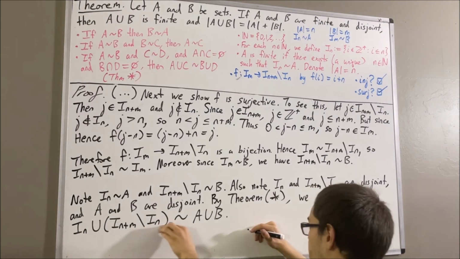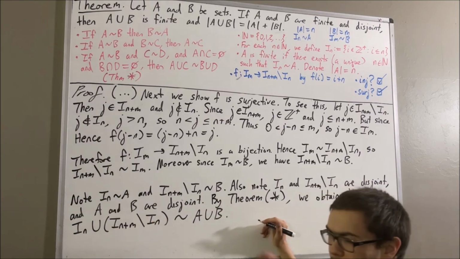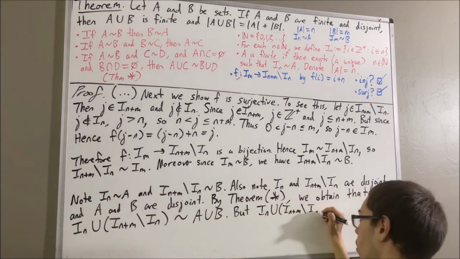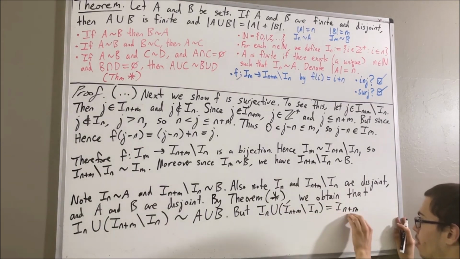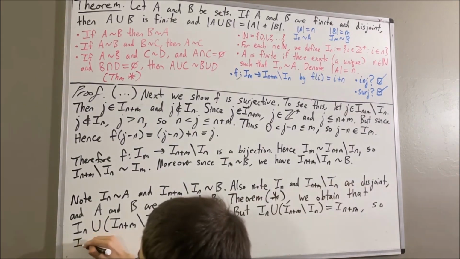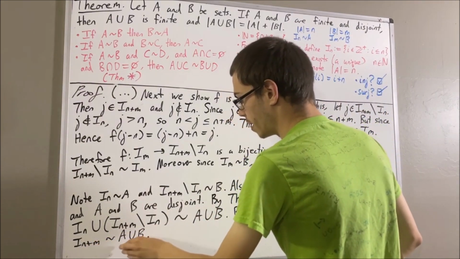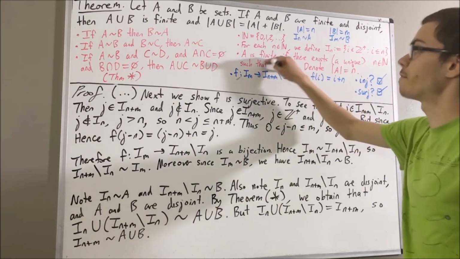But the union of these 2 sets is equal to the set I_{n+m}, which I'll leave up to you guys to justify. So we have that there's a bijection from I_{n+m} to the union of A and B. So what can we do from here? Well, we see that the union of A and B satisfies the requirement to be a finite set.